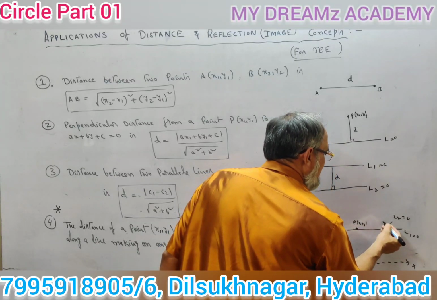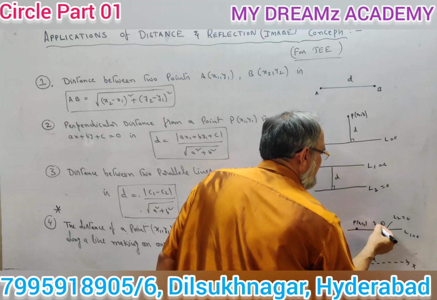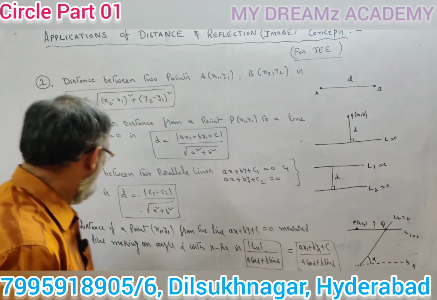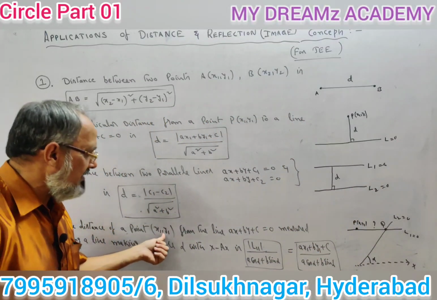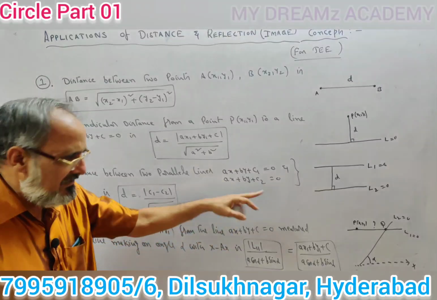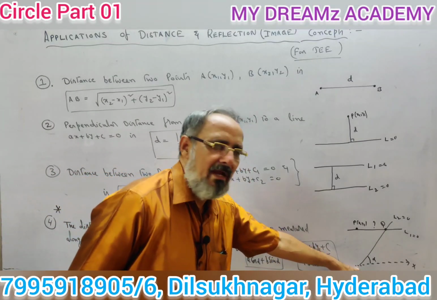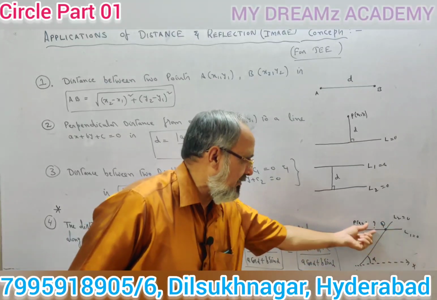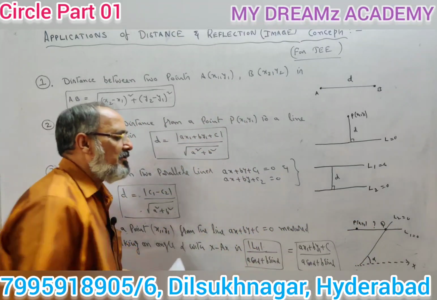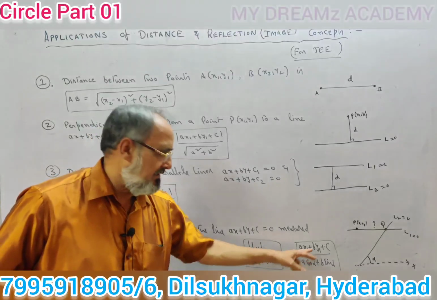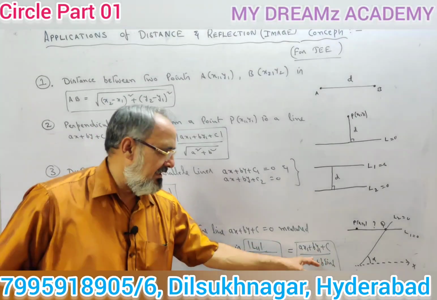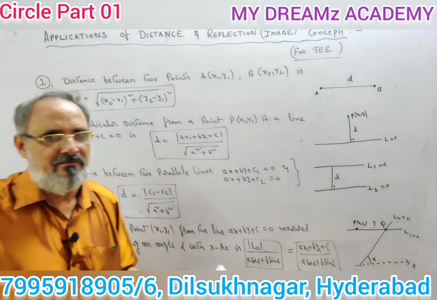What is the distance from P to this one? This is what they are asking. So the distance of a point P (x1, y1) from the line Ax plus By plus C is measured along another line which intersects at Q. What is PQ? PQ is nothing but the modulus of Ax1 plus By1 plus C divided by A cos alpha plus B sin alpha.